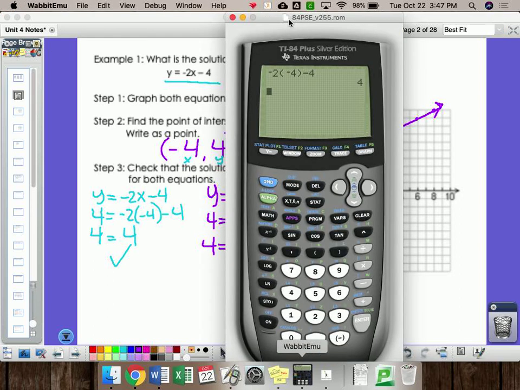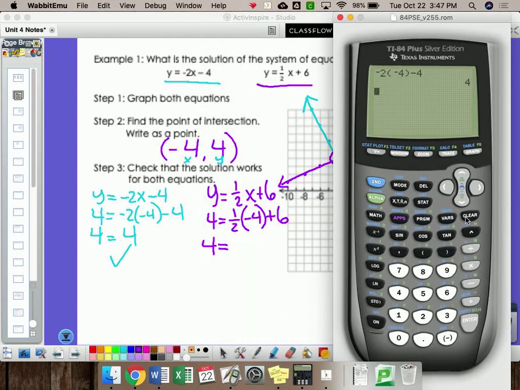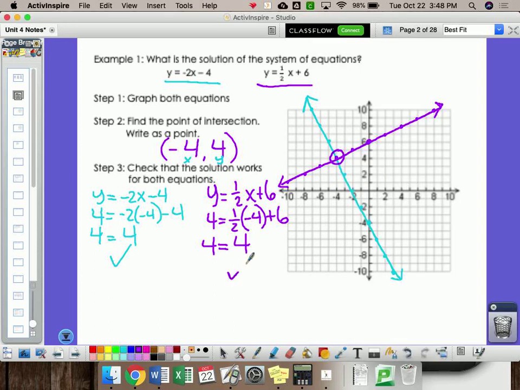So I'm going to plug that into my calculator. Since I have a fraction, I have to type it in parentheses, times -4 plus 6 does equal a positive 4. Since that point, (-4, 4), worked for both equations, I know that my solution of (-4, 4) was correct.